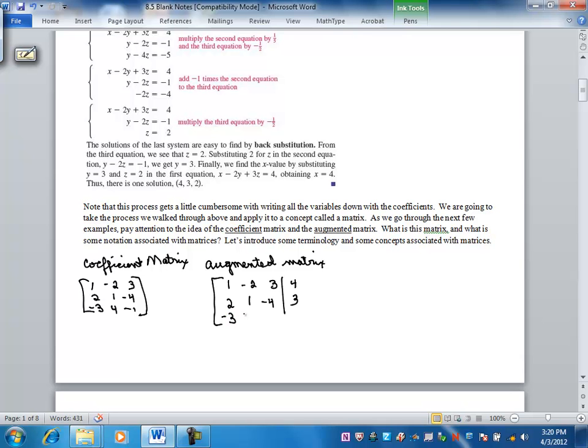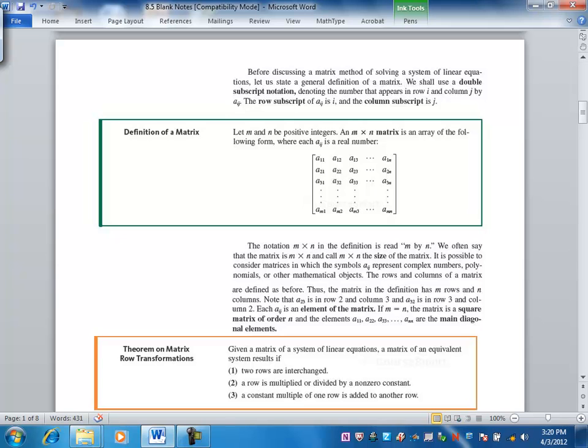Filling in all my coefficients, there's the augmented matrix, and so there's our difference between our coefficient matrix and our augmented matrix. It's the augmented matrix that we're going to be working with next to try to solve the system.